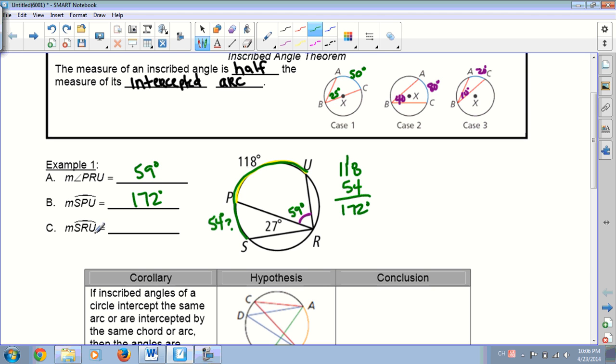And the last thing we're looking for is arc SRU. I guess this is asking about the arc going this way, even though this looks kind of like it's a minor arc. It might not be, though. Let's subtract and see. If we know this arc is 172, the other direction all the way around would have to be 360 minus 172.